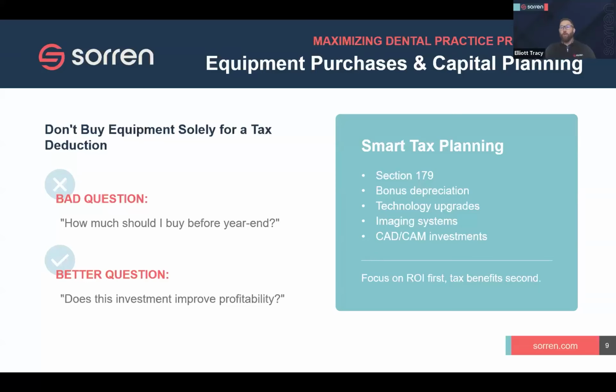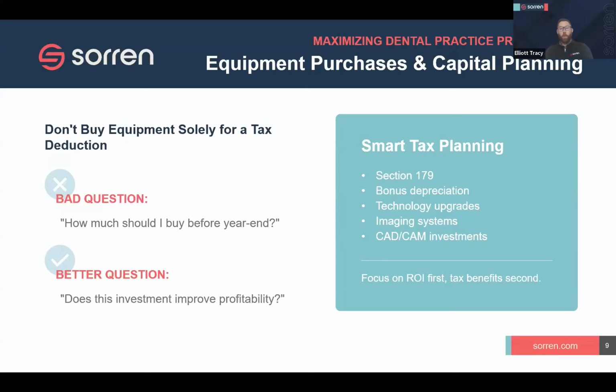So when those items are used up, that's generally when I get this discussion of how much should I buy before the end of the year. We can be smarter about that depreciation in the first 4 to 5 years and accumulate deductions as income is going up in a practice. And then that way we're not in this issue of we used all our depreciation early and then we had tax liability and now we don't have enough cash to cover the tax liability for this year.